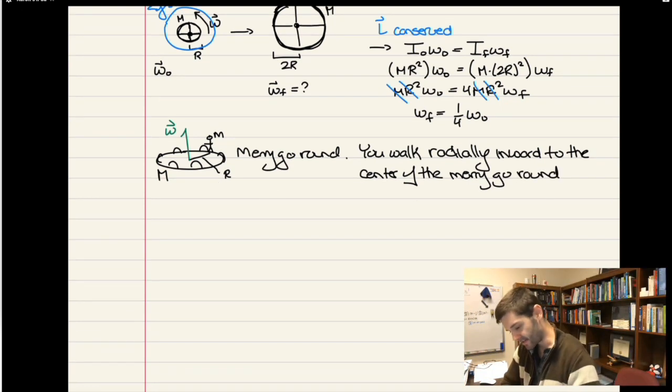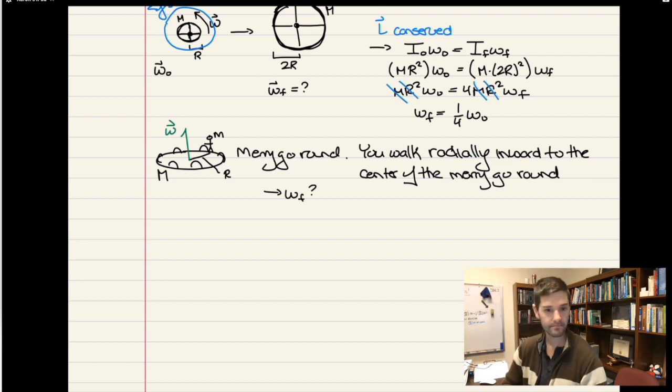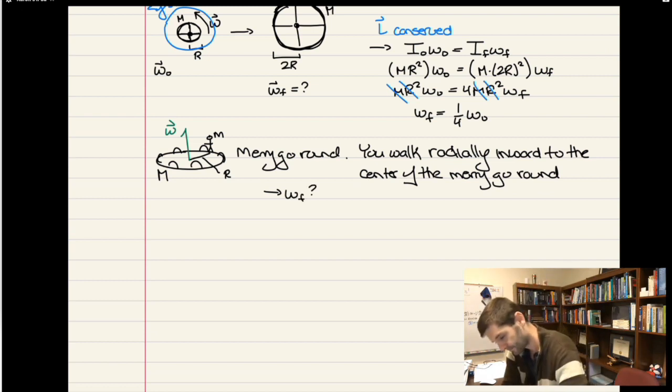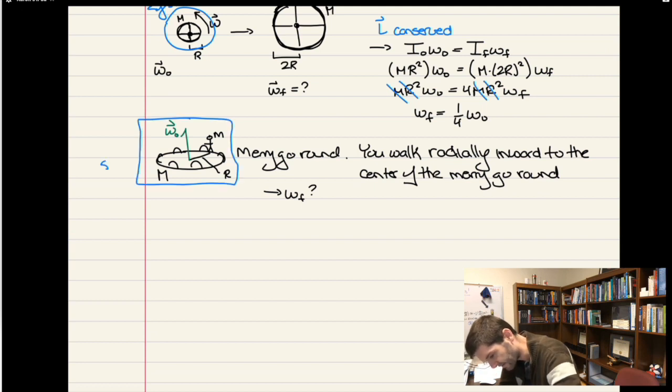The merry-go-round itself has some mass big M. You have some mass little m. You walk radially inward to the center of the merry-go-round.